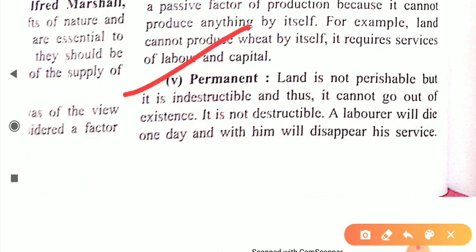The fifth point is permanent. Land is not perishable, it is indestructible. It cannot go out of existence. A labourer will die one day, and with him will disappear his services, dear student.